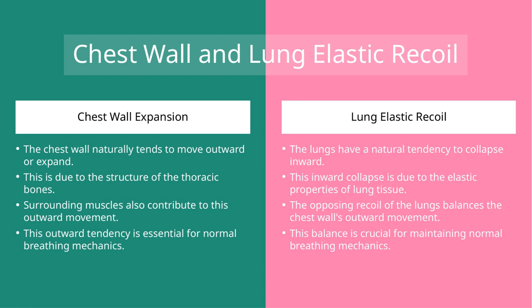This opposing recoil from the lungs and the outward movement of the chest wall create a balance. This balance is vital because it maintains the negative pressure necessary for air to flow in and out smoothly. In essence, the combined effect of chest wall expansion and lung recoil ensures that our breathing remains efficient and effortless.